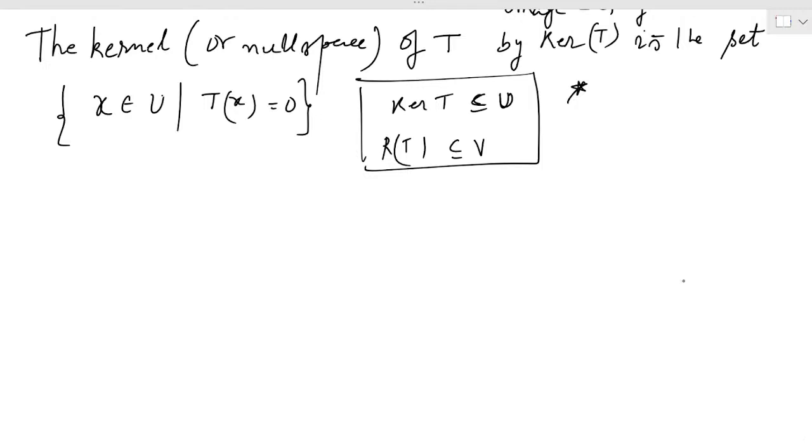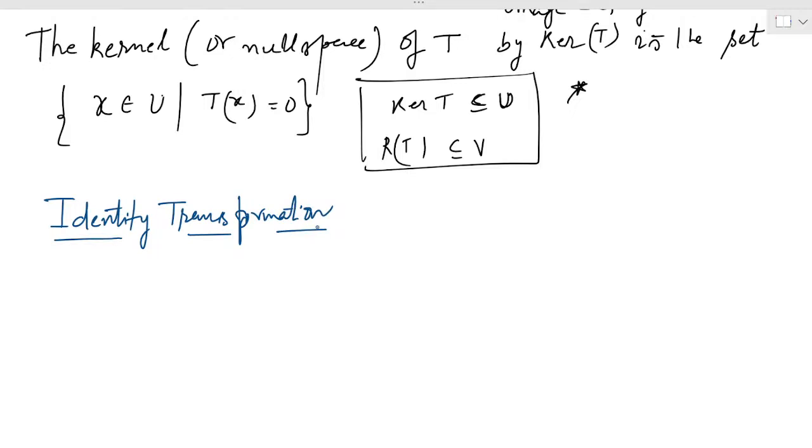Let us take the first example that we took in linear transformation, which is the identity transformation.